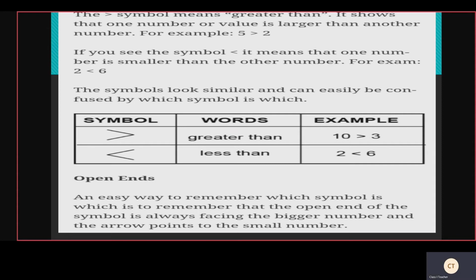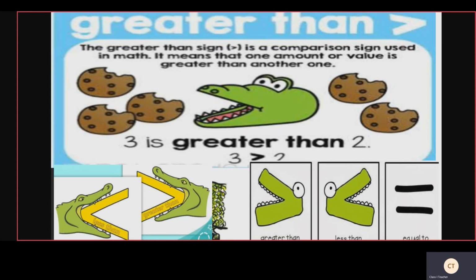It is very easy to remember. The open end of the symbol is always facing the bigger number, and the arrow points to the smaller number. Okay? Next, look at this picture, children.